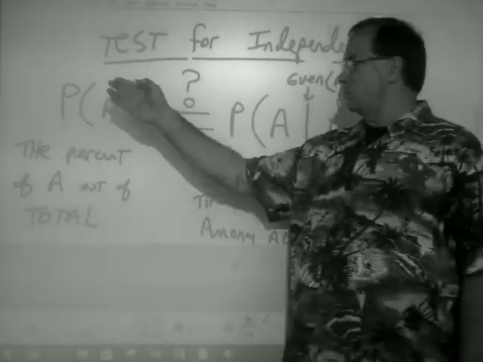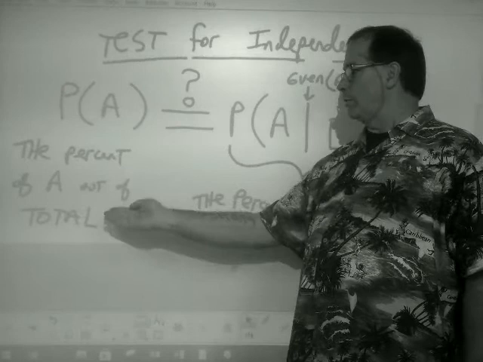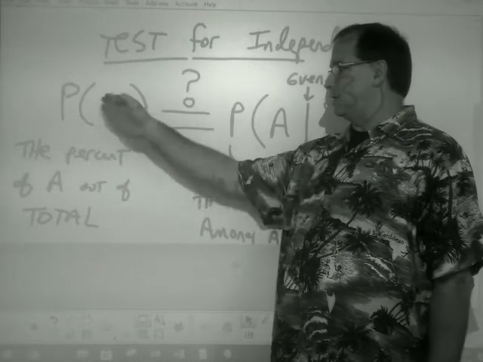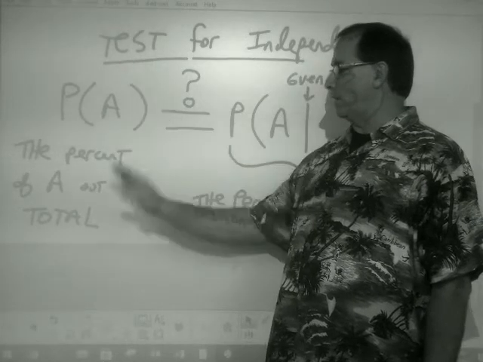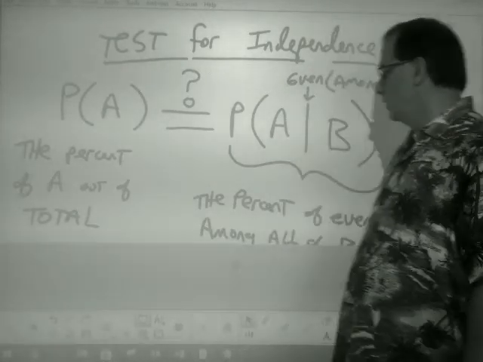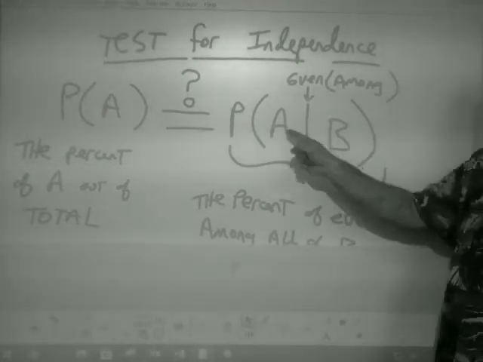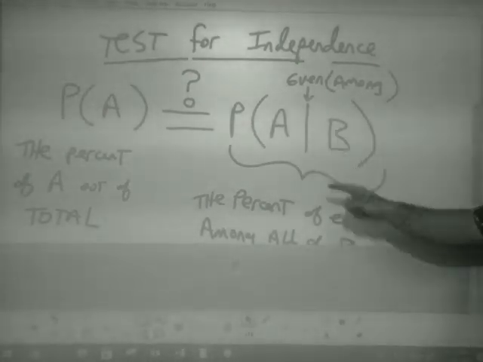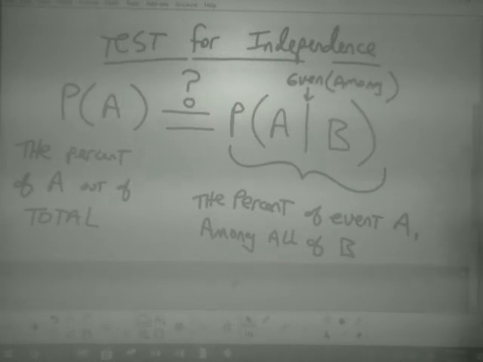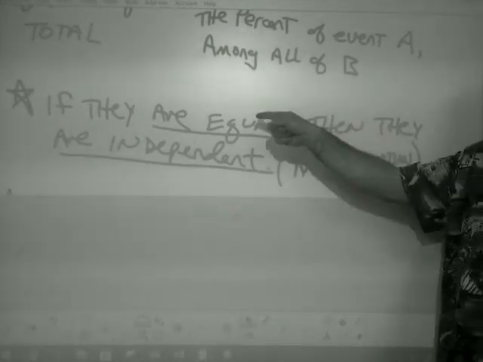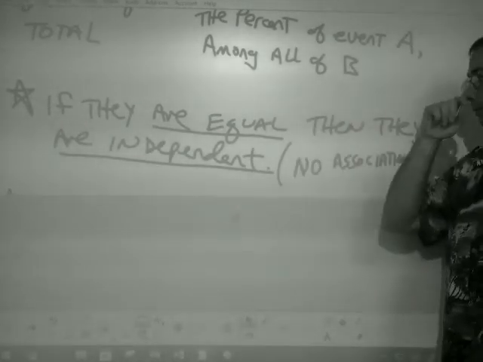So this side is the percentage of A out of the total sample size. So it's whatever A is, the total of A out of the total sample size. This side is the percentage of A, but out of the total of B, just among all of B. And what do we know? If they are equal, then they are independent.